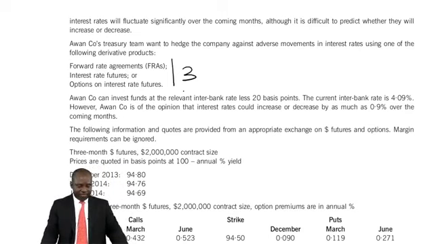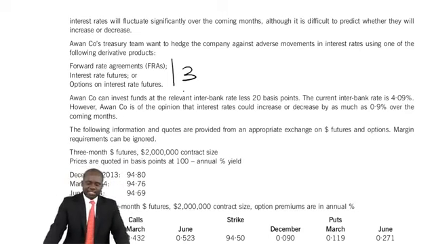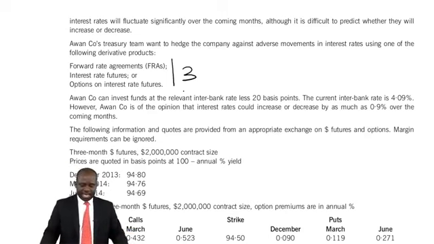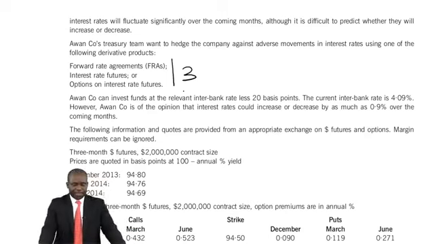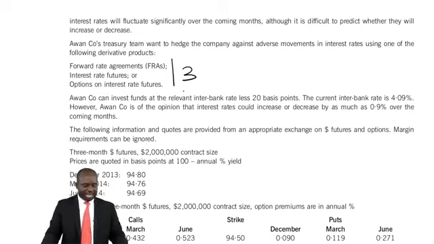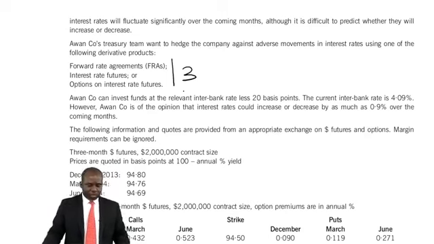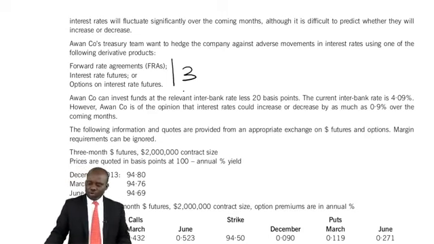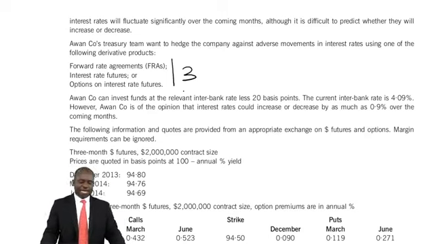R1 Co can invest funds at the relevant interbank rate. Interbank rate is the same as the LIBOR rate, less 20 basis points. The current interbank rate is 4.09%. However, R1 Co is of the opinion that interest rates could increase or decrease by as much as 0.9% over the coming months.